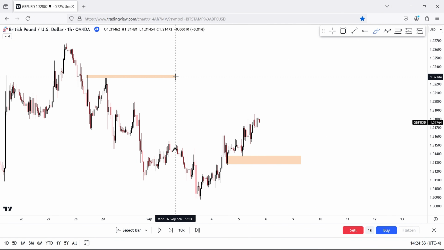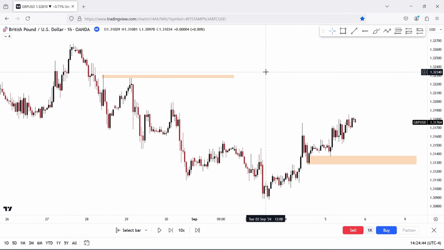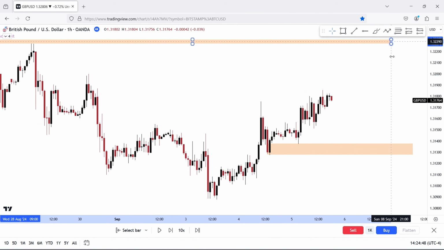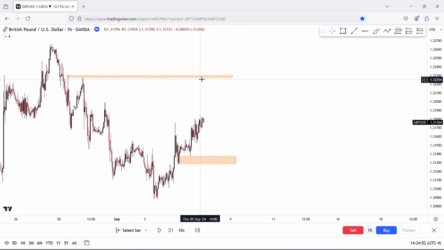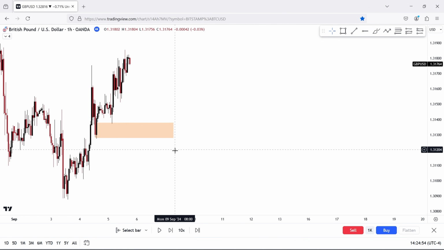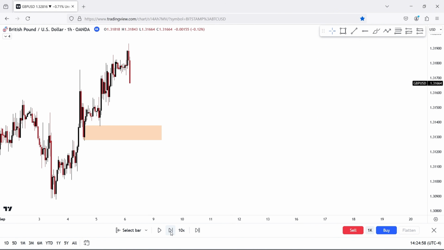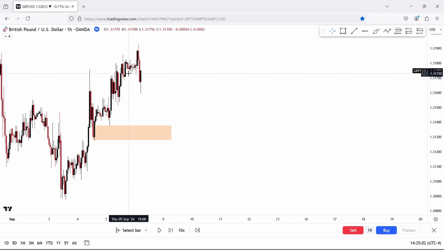Let's stretch this zone out. We missed the level, which was this level of rejection.